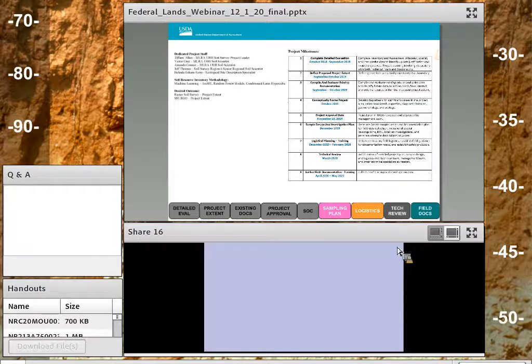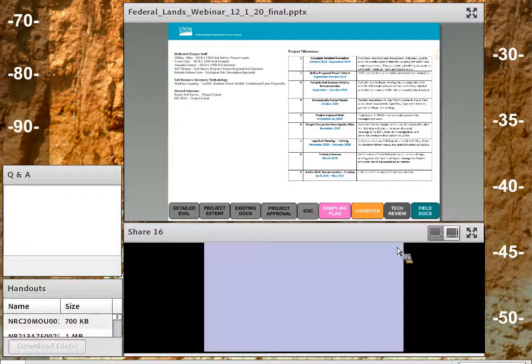Then what we have following that are the project milestones. And what I really want to talk about here is the significance of these project milestones. The reason why we're asking you to put them into the statement of commitment is that all of the time that you're going to put into this project planning phase and getting the statement of commitment approved, all of that upfront time is going to help both you and your cooperator when we get into the field campaign.